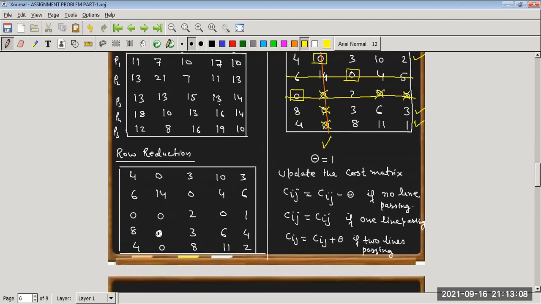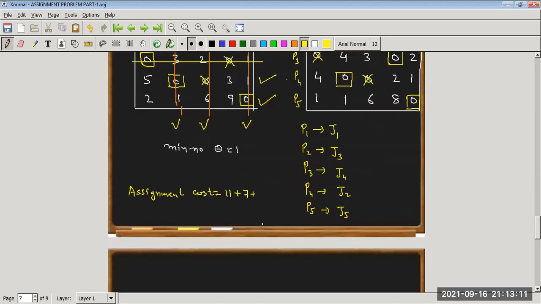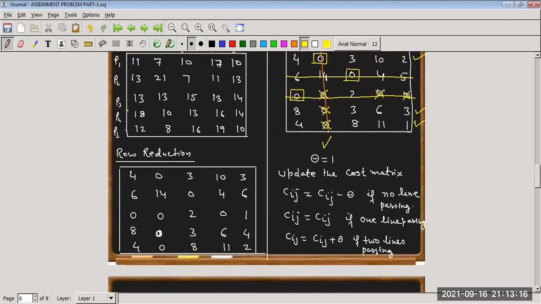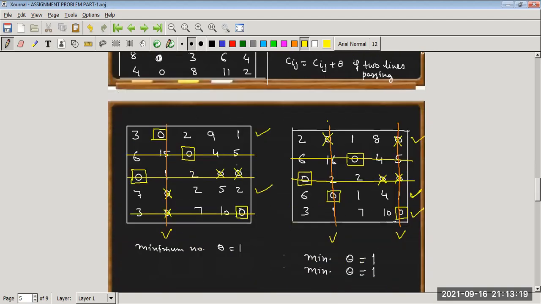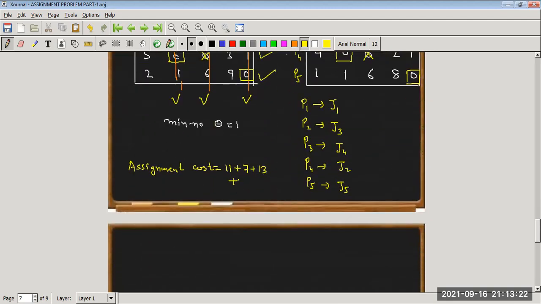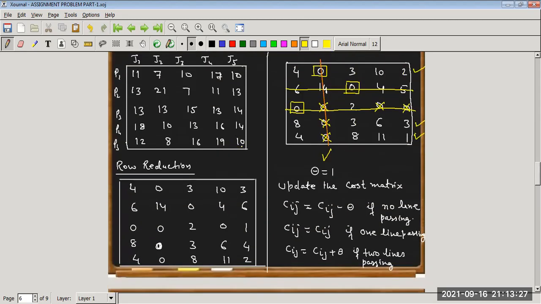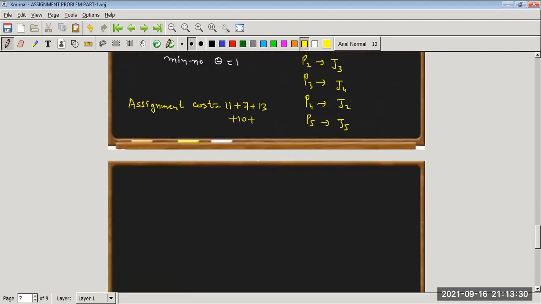So P3 person is assigned 13 rupees for J4 job. P4 gets J2, so 10 plus, P5 gets J5. So the cost is again 10. So we put 10. So we add this: 11 plus 7 is 18, 18 plus 13 is 31, 41 and 51. So minimum cost is rupees 51. So this is the minimum cost assigned for this job.